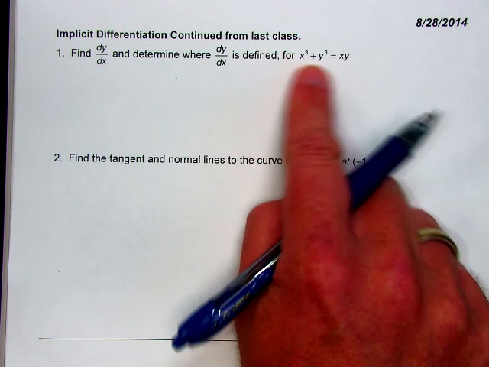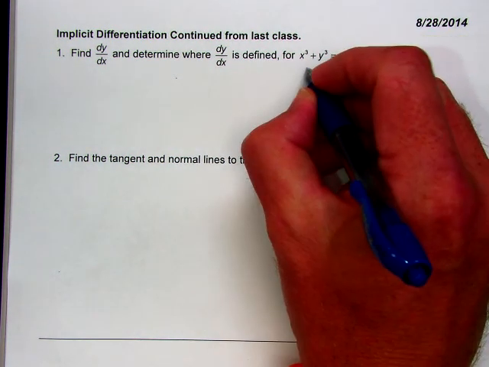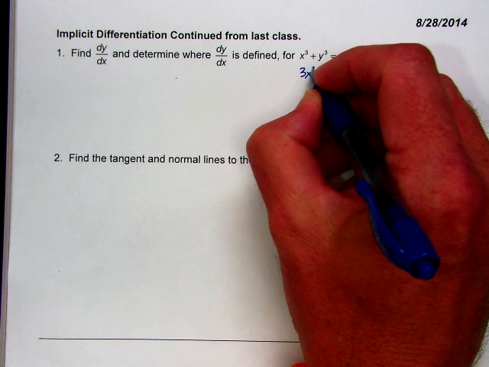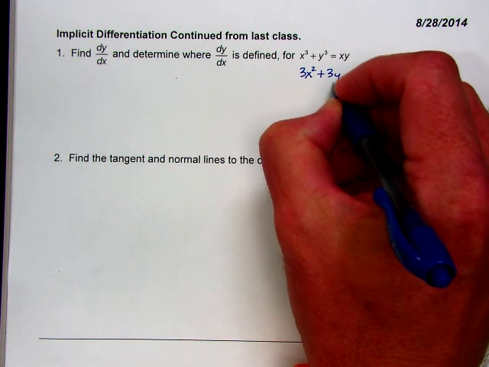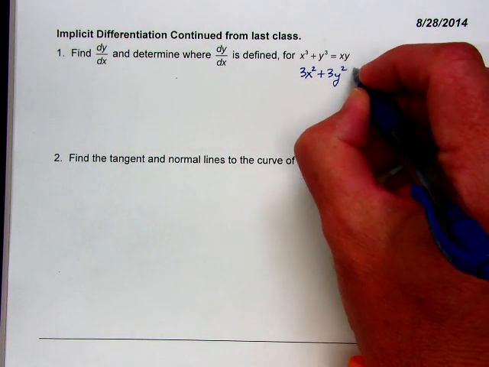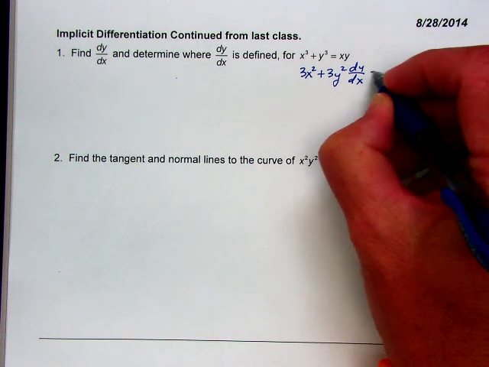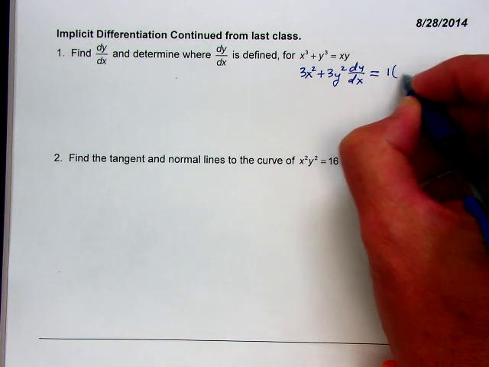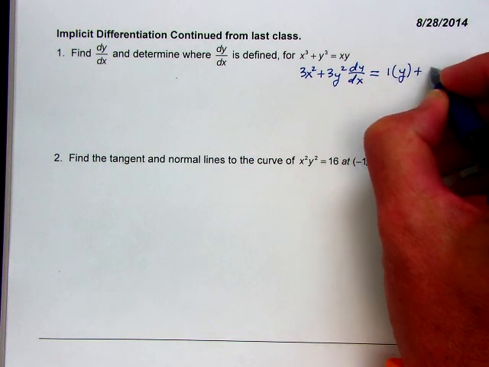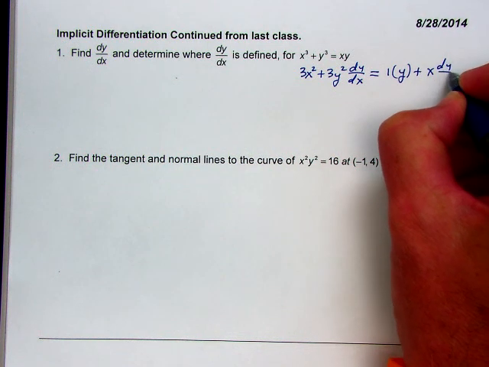So if I'm going to take the derivative of this, I get 3x squared plus 3y squared dy/dx, or if you want to do y prime, that's fine, is equal to 1 times y plus x times dy/dx.